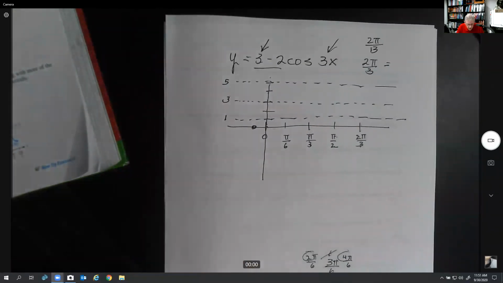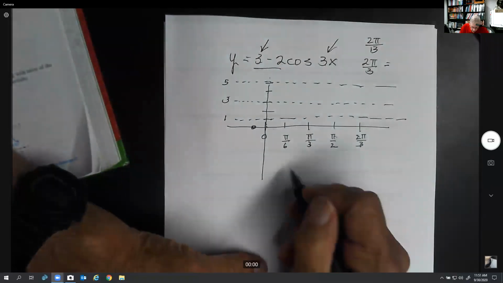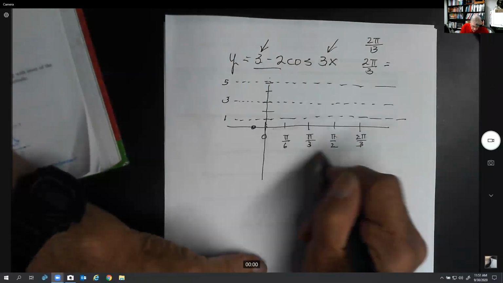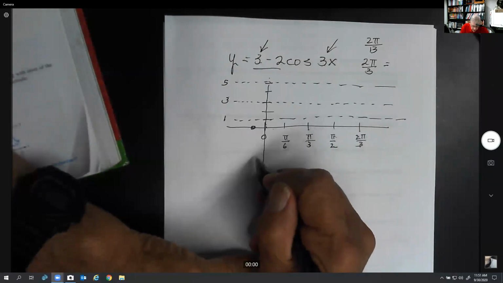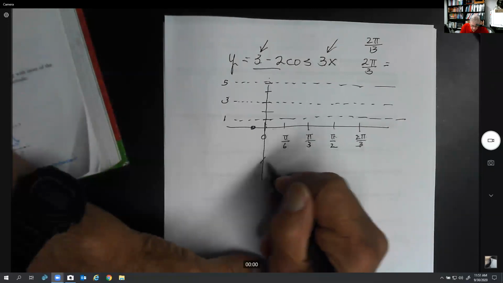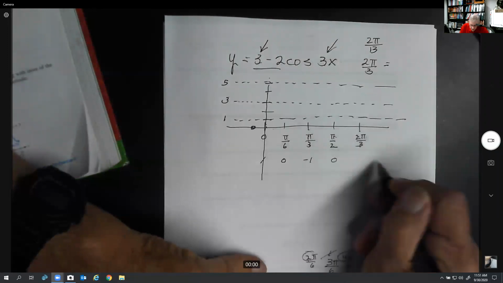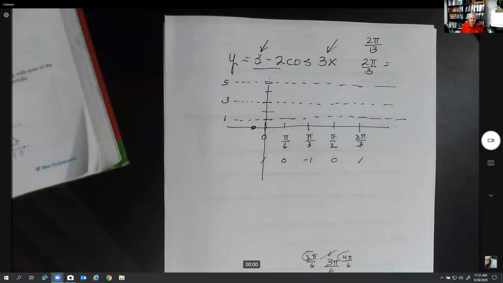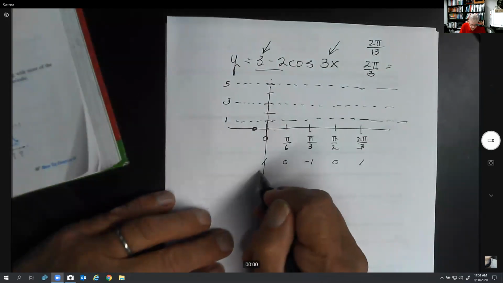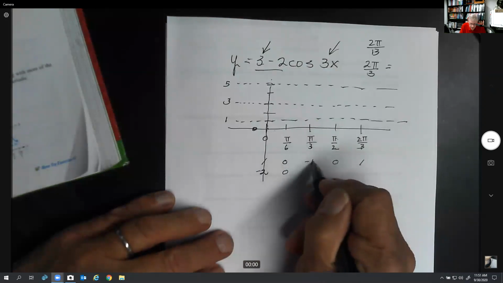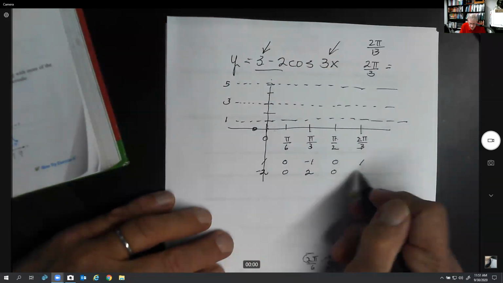Okay. Now, what about cosine? We haven't really changed anything to our cosine function. So yeah, we have. We used a -2, huh? So normally this would be, I'll write it down here, 1, 0, -1, 0, 1. That's normally the cosine. But we're going to multiply all these by -2. So this is going to be -2, 0, 2, 0, -2.